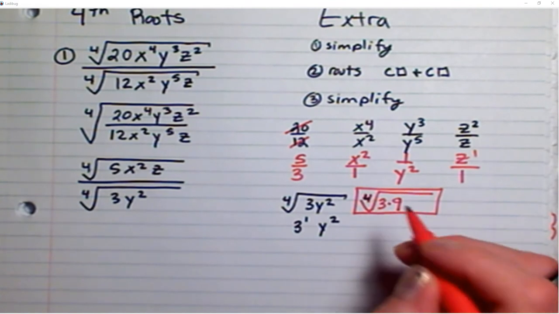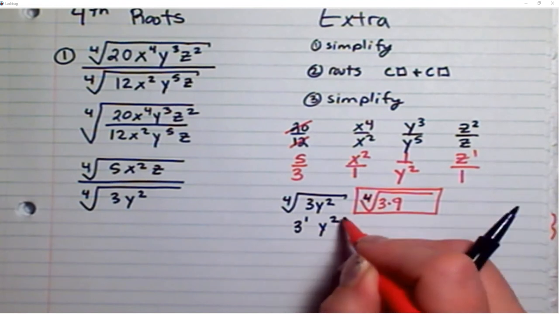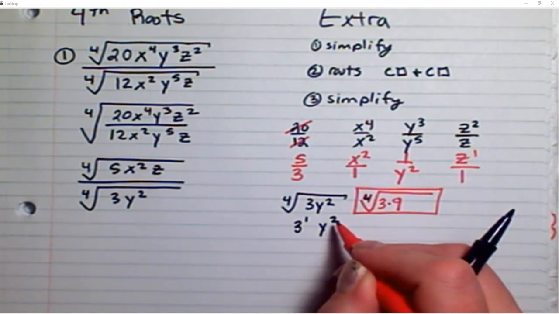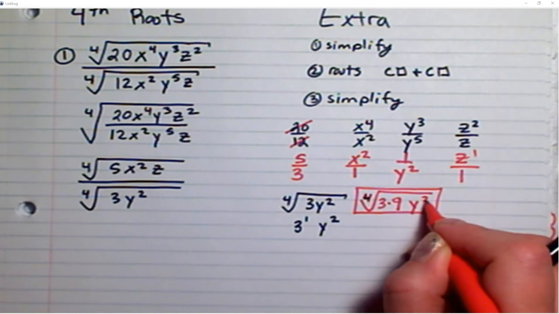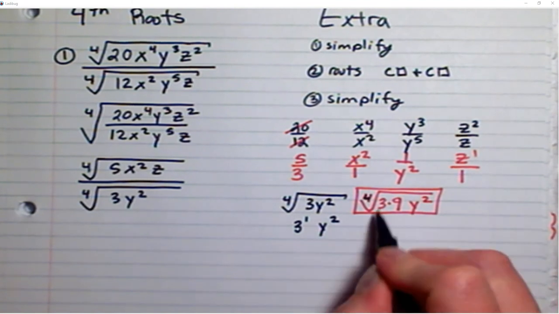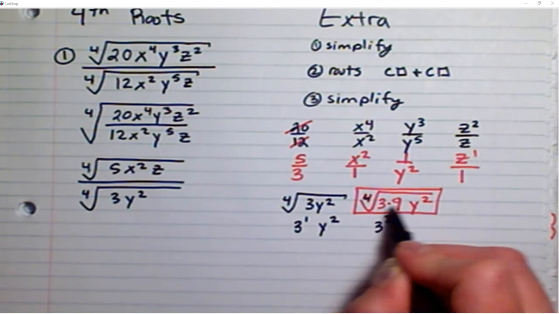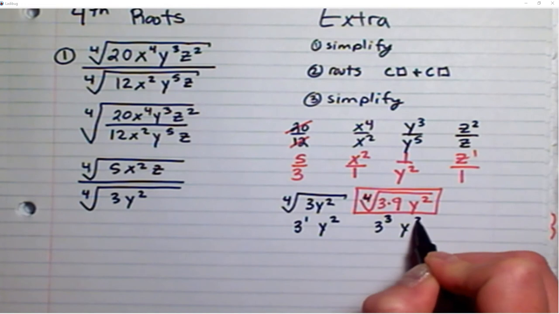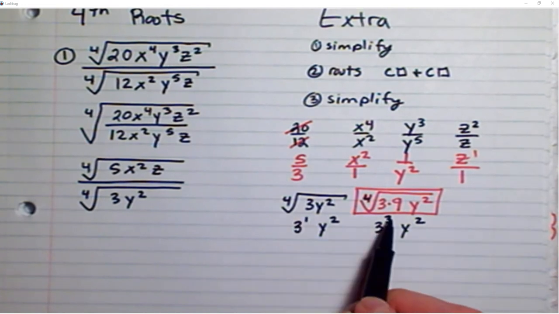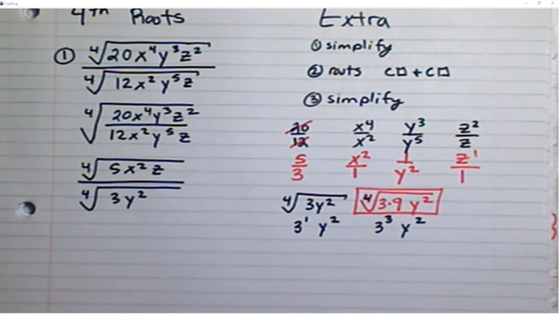Now, y squared, and so I need y squared. That's one perfect square. There's the other perfect square. I'm going to write underneath this: this is 3 cubed, guys, and this is y squared. Look at those exponents. 1 and 3 make 4. 2 and 2 make 4.